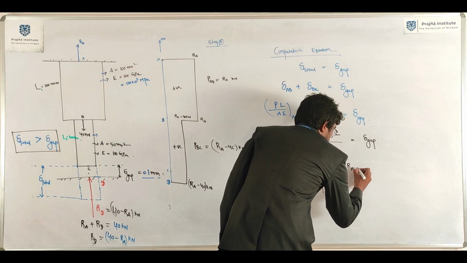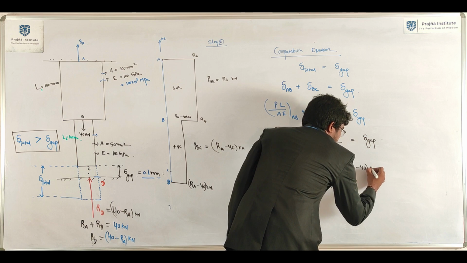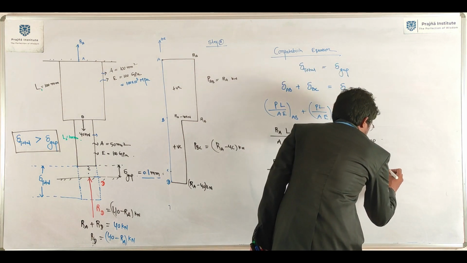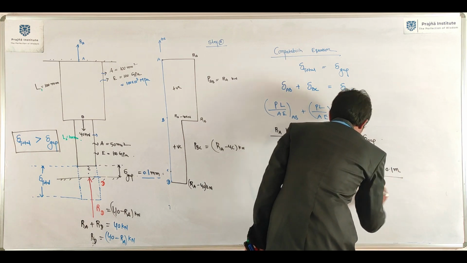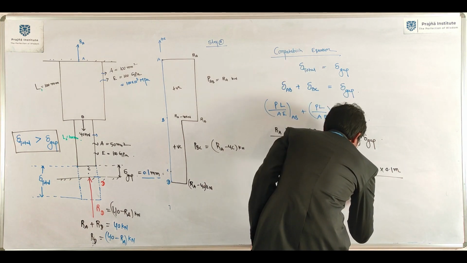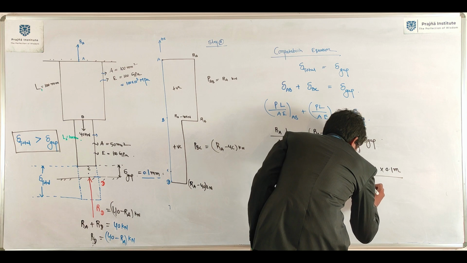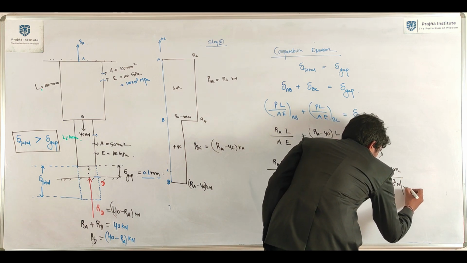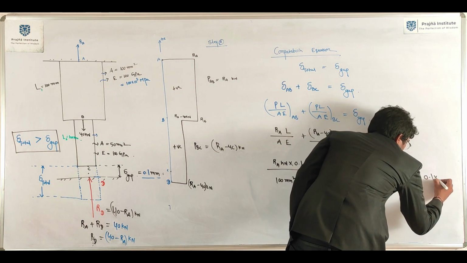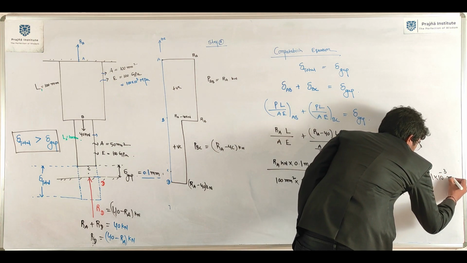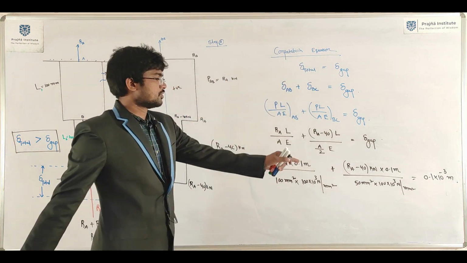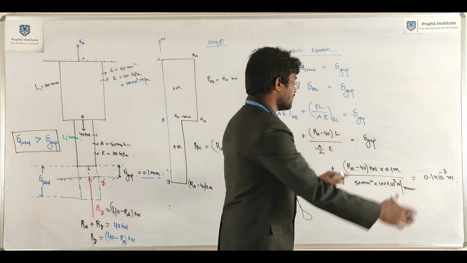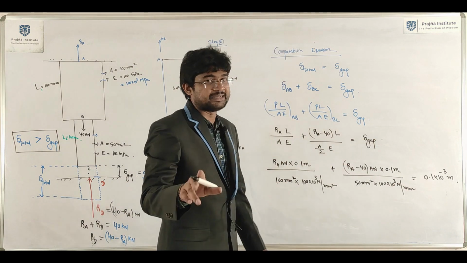Next, RA minus 40 in terms of kilonewton into L, where L is 0.1 meter, divided by 50 mm square, 100 into 10 cube Newton per mm square, equals 0.1 into 10 power minus 3 meter. So 0.1 mm is 0.1 into 10 power minus 3 meter. Everything you will get in terms of meter.